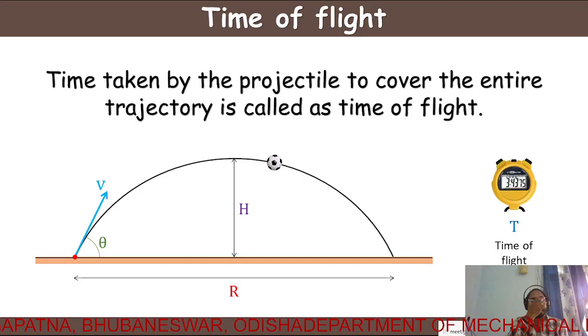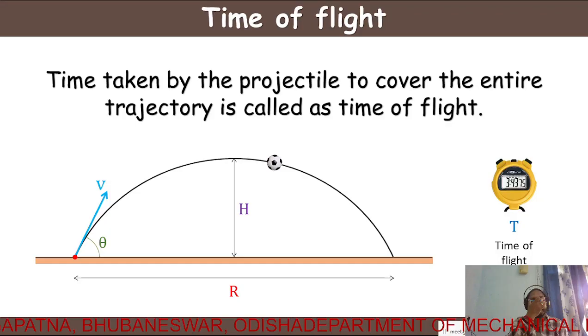In some of the books, theta is taken as alpha, capital V is taken as small u, and r is taken as R, and h is taken as h max, maximum height. So it is up to you, whatever you follow.